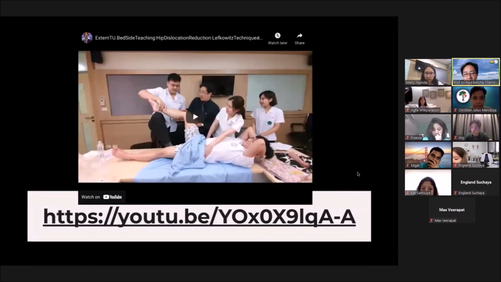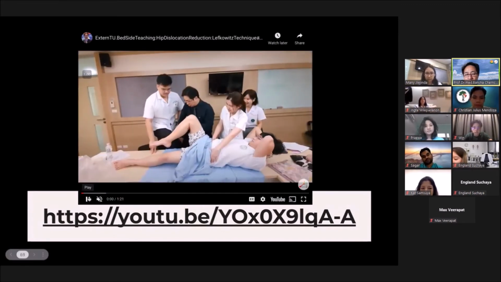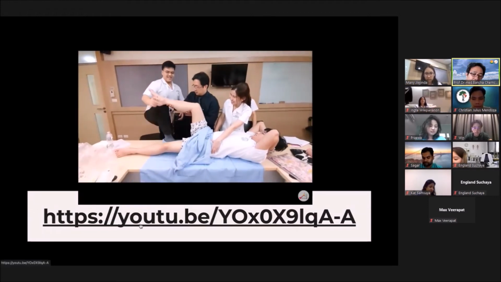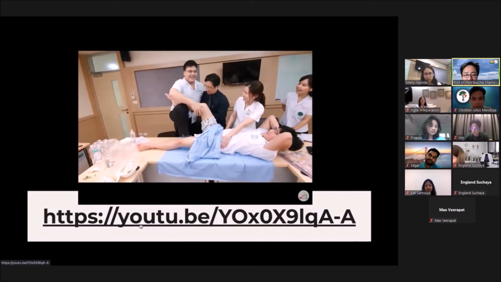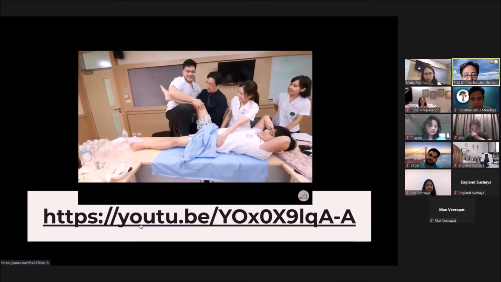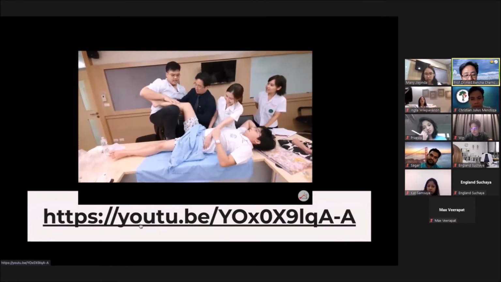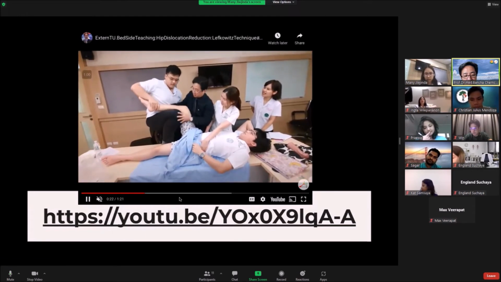So another way is to use your knee. Put your knee underneath the patient's knee, acting like a fulcrum. Like that. Okay? And same, you stabilize and then push.